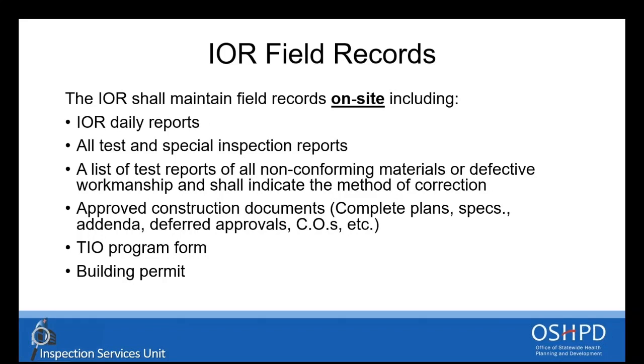And the IOR shall maintain field records on site, which include your dailies, the test and special inspection reports, a list of test reports of all non-conforming materials or defective workmanship, indicating the method of corrections, the same as in your daily, and approved construction documents, including the codes and any deferred submittals, change orders, and whatnot, the TIO form, and then the building permit.